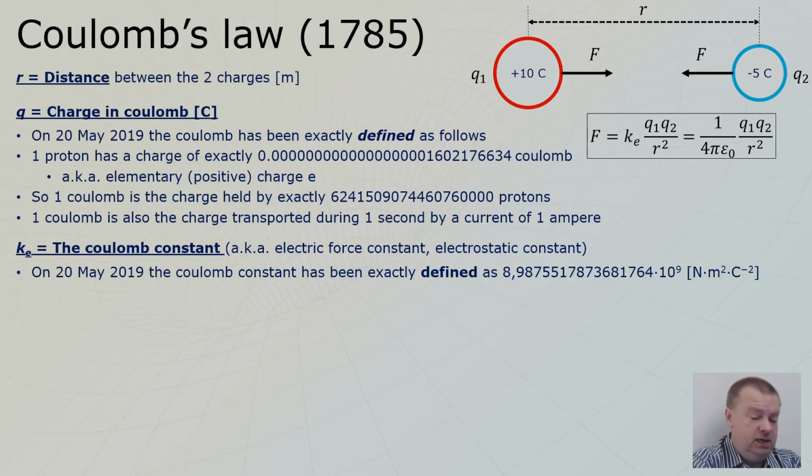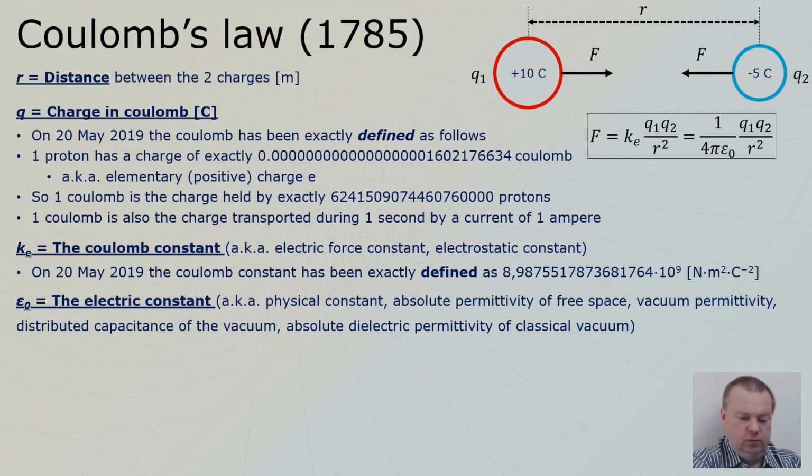Meters have been defined, newtons have been defined, so then they could define how big K should be. And here it is, 8.98, etc., multiplied by a 1 with 9 zeros. And its unit of measurement, you can forget about this of course, is Newton meter squared per Coulomb squared.